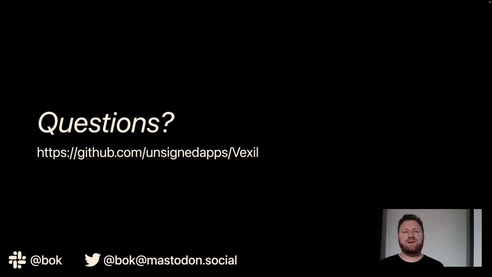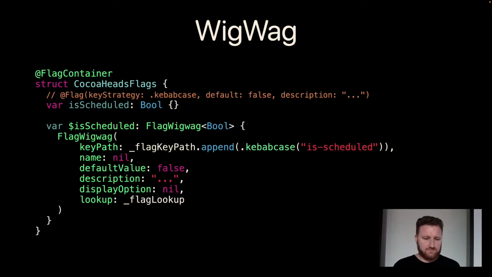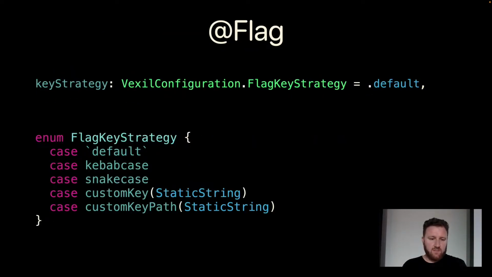You can, yeah, so that's this bit, right? It generates the wigwag, which is the publisher. It generates the $-prefixed version of it. So when you're using your key path, you just swap it if you want the publisher version.